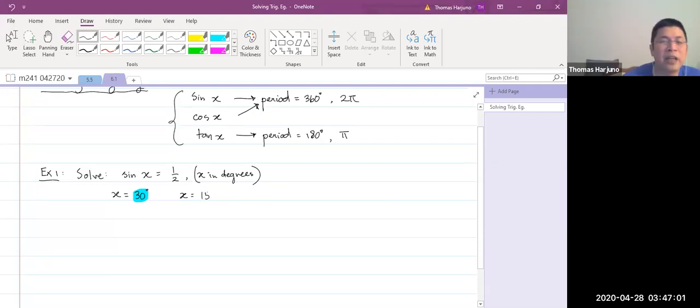No. What is the angle? Okay, so you will see sine 30 degrees is 1/2, sine 150 degrees also 1/2. You see what I mean? There are two solutions. One of them in quadrant 1, 30 degrees, and the other one is in quadrant 2, the same reference angle.